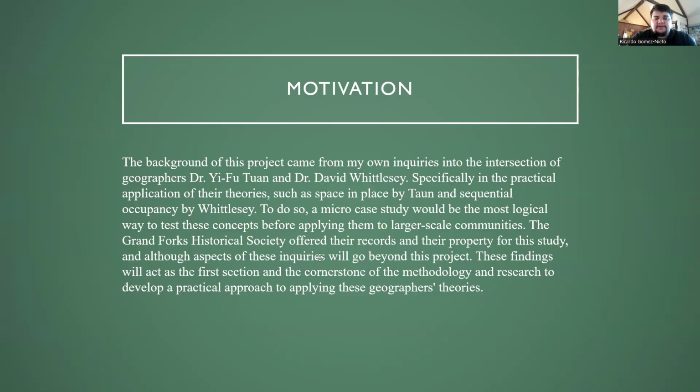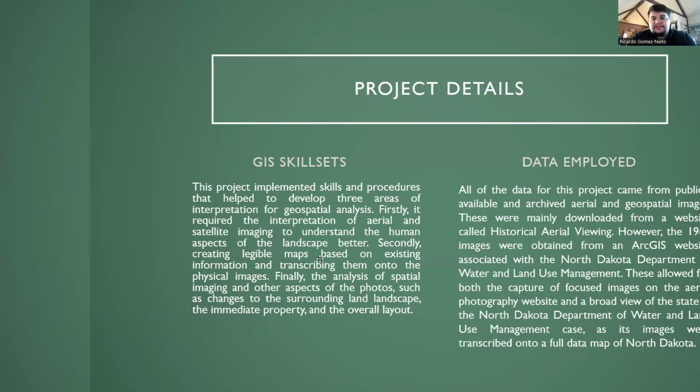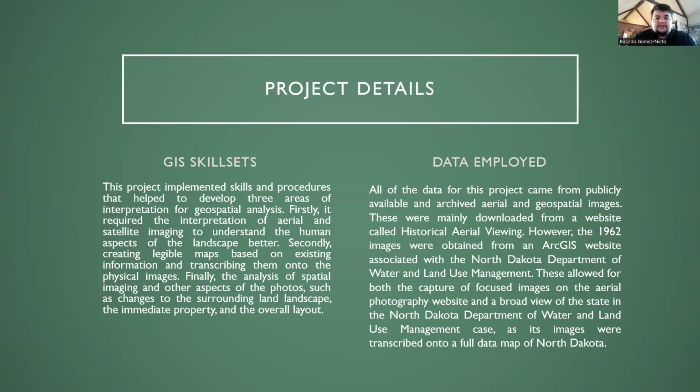And thankfully for me, the Grand Forks Historical Society has allowed me to use their property and given me access to data related to their property lines. So then I can correspond that information to the GSI photos, which I have collected.